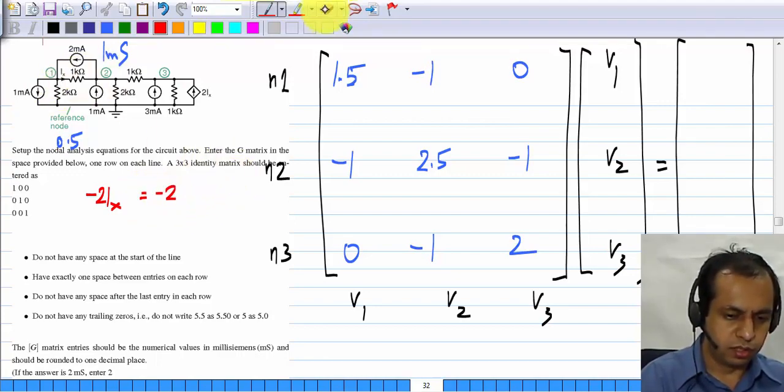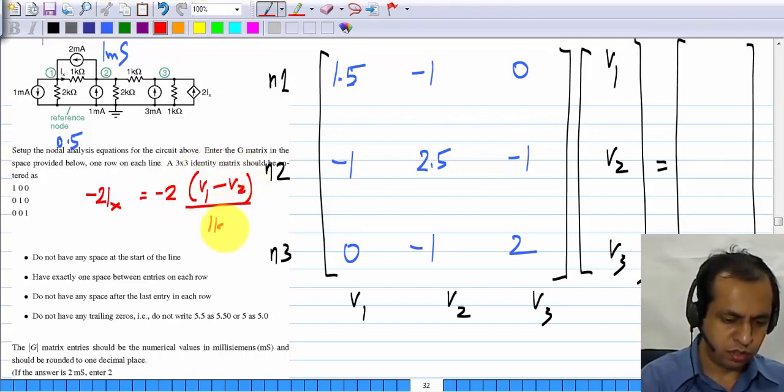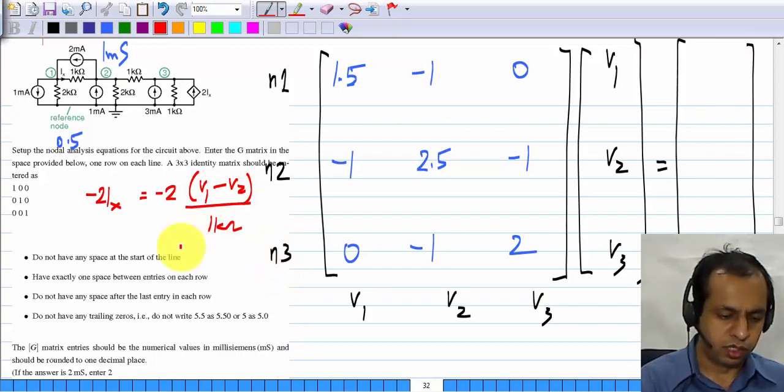That is the voltage difference between these 2 points, node 1 and node 2, divided by 1 kilo ohm. And this turns out to be minus 2 millisiemens times V1 plus 2 millisiemens times V2.